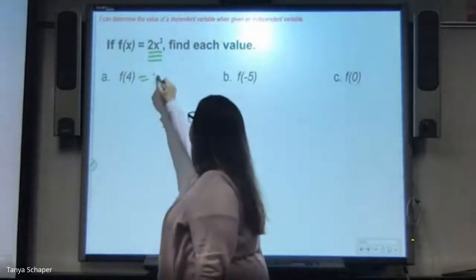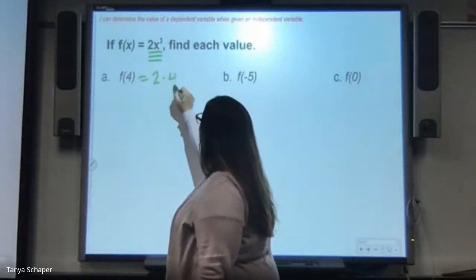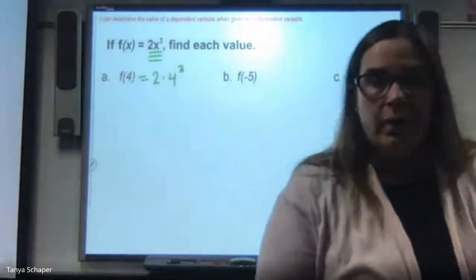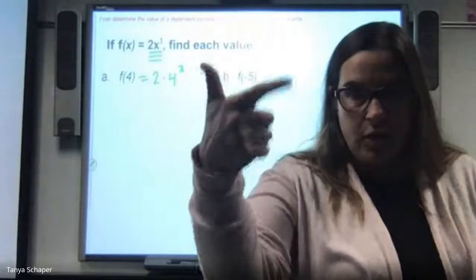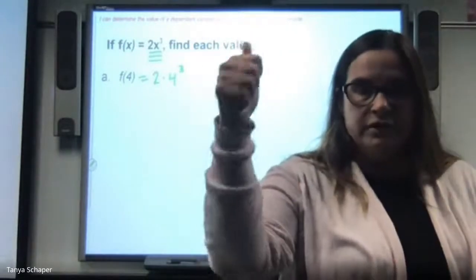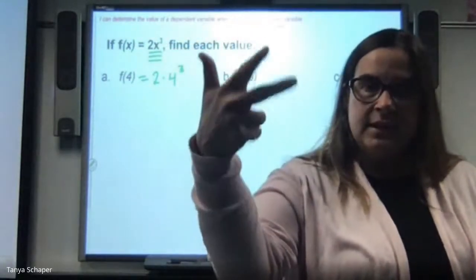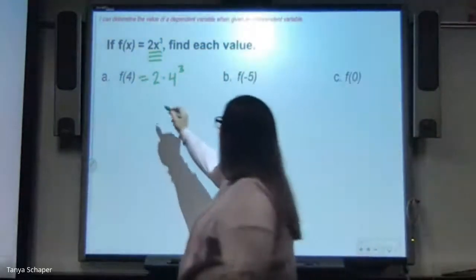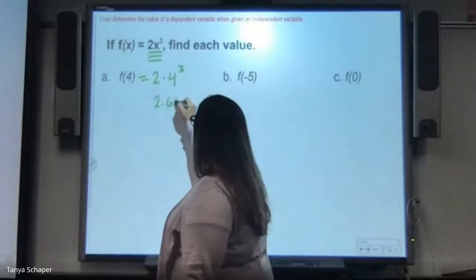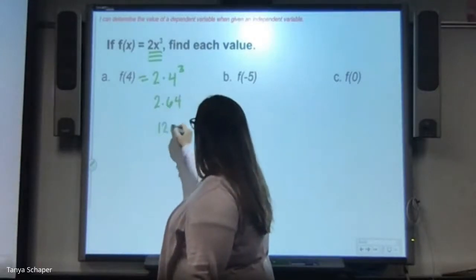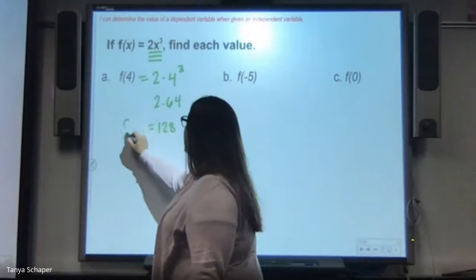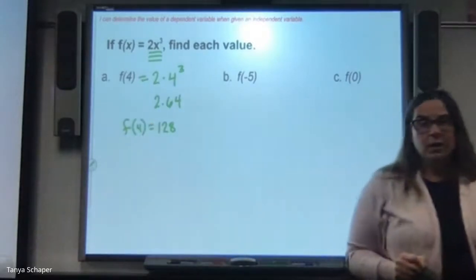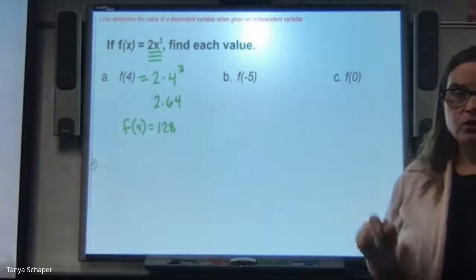So it becomes 2 times 4 to the 3rd power. 4 to the 3rd power means 4 times 4 times 4. So 4 times 4 is 16, times 4 is 64. So we have 2 times 64, which is 128. The value of the function when x is 4 is 128.